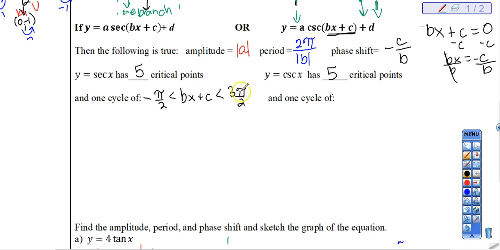So that's still a period of 2 pi, but it's going to start at an asymptote at negative pi over 2 instead of at 0. These are asymptotes, these 2 points right here on the ends.